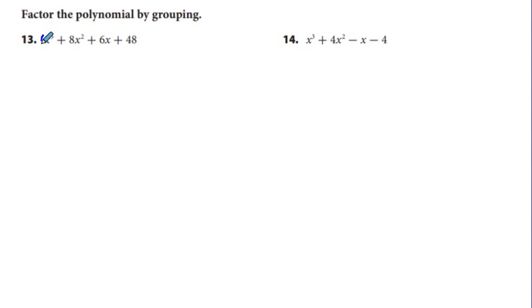What I'm going to do is we're going to group these two sets of polynomials and look for common factors to each of them. Well, what are the common factors to this first group?